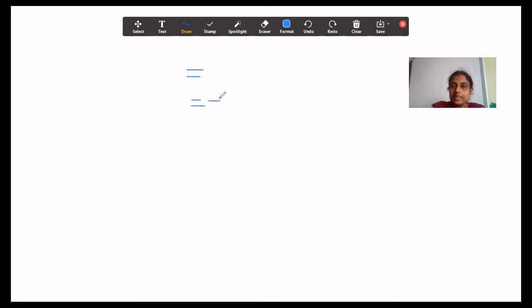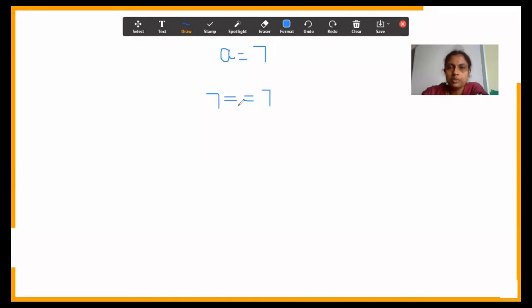When I need to find the relation or comparison between two values to check whether both are the same, like 7 equals 7, yes, the left hand side is equal to the right hand side, so it will be true.